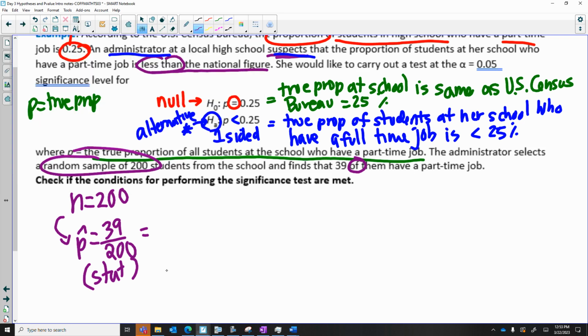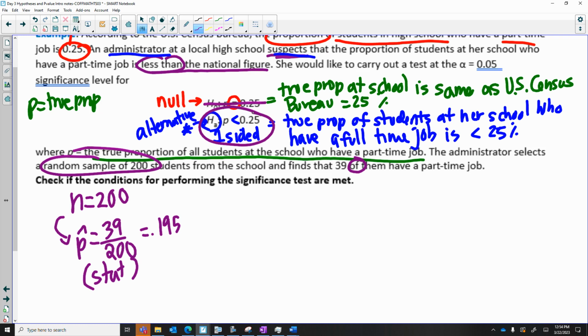We get 0.195. Okay, so her sample from her school, she got 0.195, or about 20% of her sample had a part-time job. So she sees that that number is less than 0.25. So she's wondering, is this statistically significant enough for her to reject the null hypothesis and rule in favor of the alternative hypothesis? That's her goal.